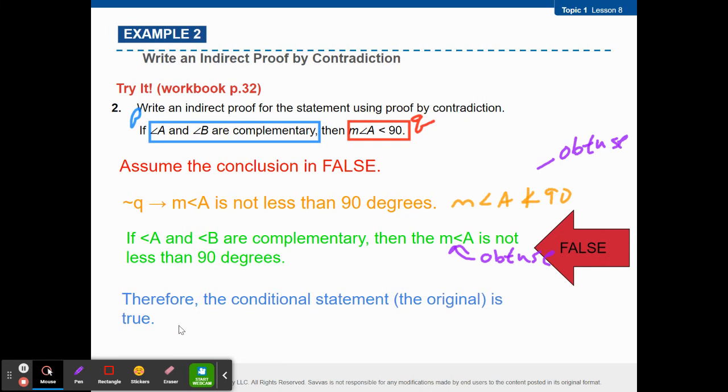Therefore, the conclusion of the original conditional statement is true. Does that make sense? That's the idea behind this. You're trying to get something false to show that the original is true. Okay?